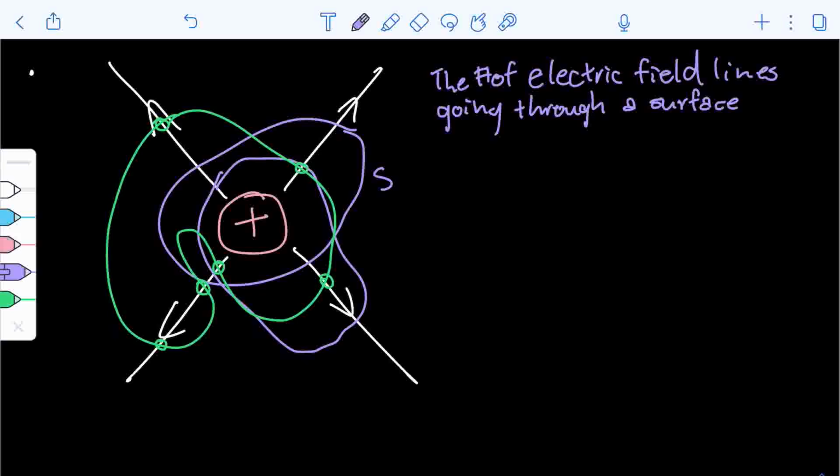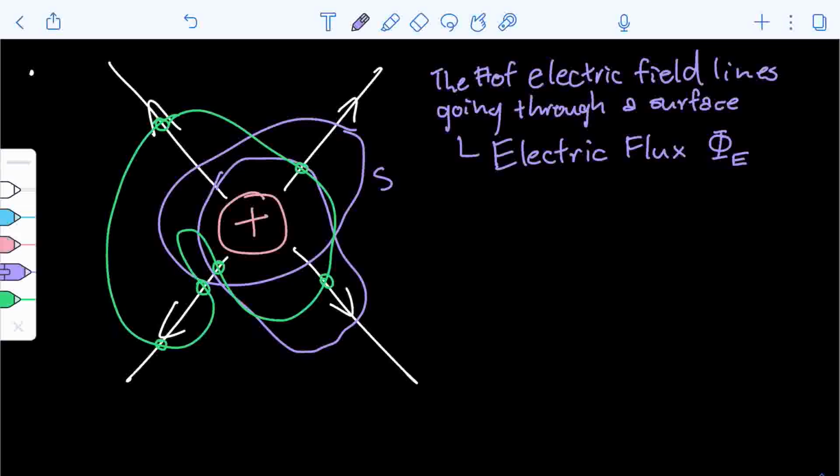Like, what physics quantity do we use to represent this? And we represent this by what is called electric flux. We represent electric flux with a capital Phi subscript E, for whatever reason.